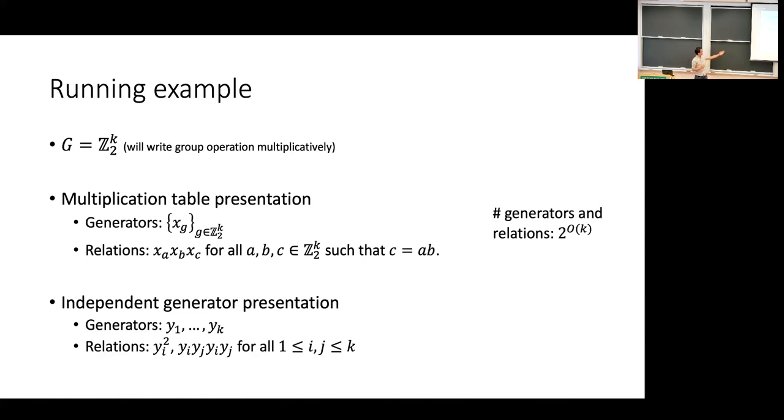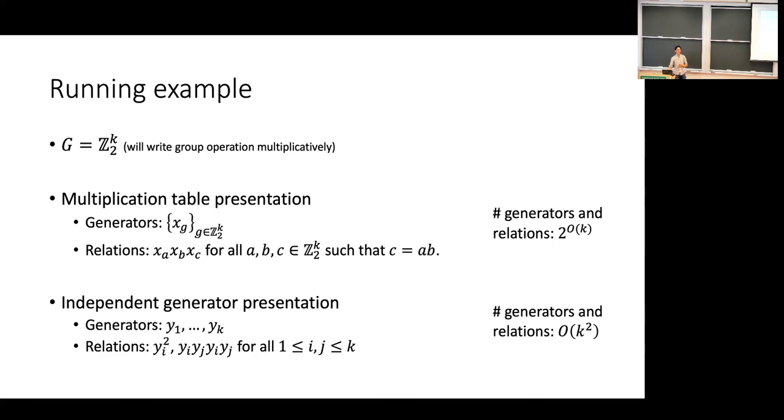And yi and yj must commute for all i and j. This presentation generates the same group, but now it is much more succinct, much more compact. There are k squared generators and relations. So if you care about efficiency, then you would probably prefer the second presentation, right? You don't have to write down as many things.